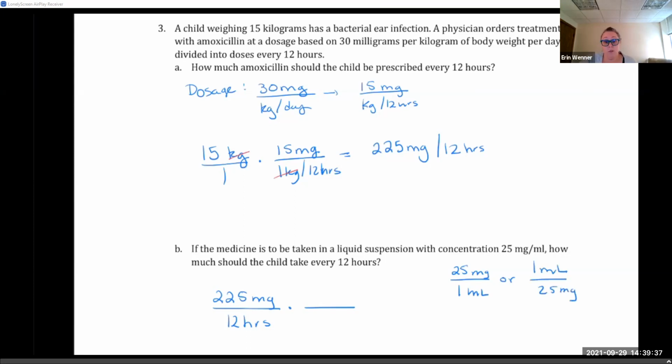Both are true. It's just about which one we want to choose. This is kind of going back to the currency conversions. When deciding, we're always thinking about what unit of measure we want to cancel.